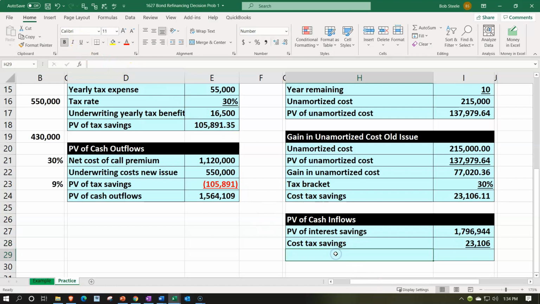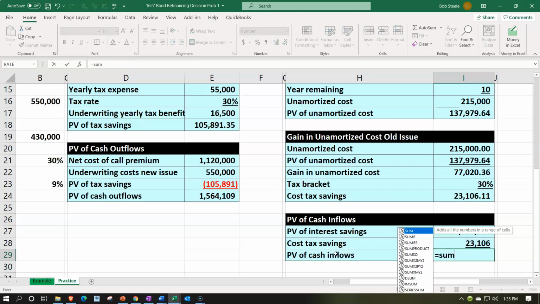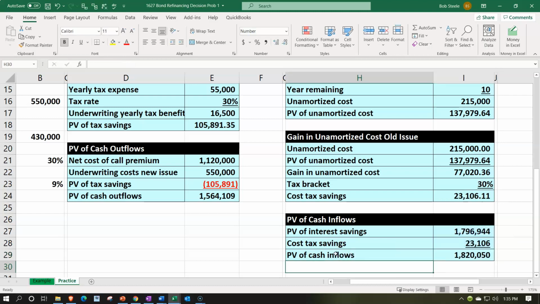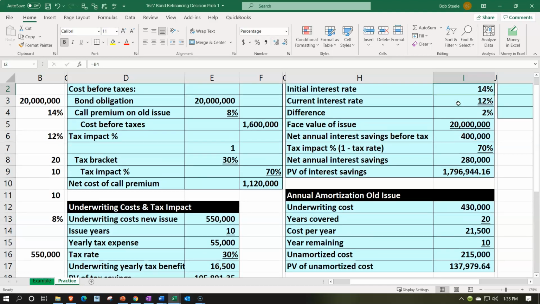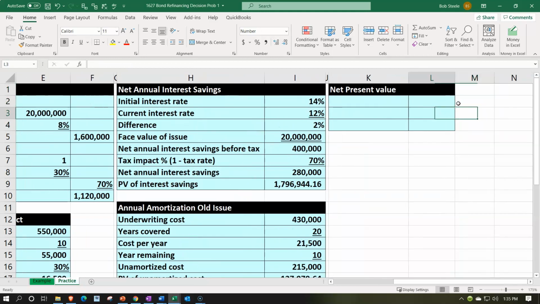And that's going to give us our present value of cash inflows equals the SUM, and that gives us the 1,820,050.